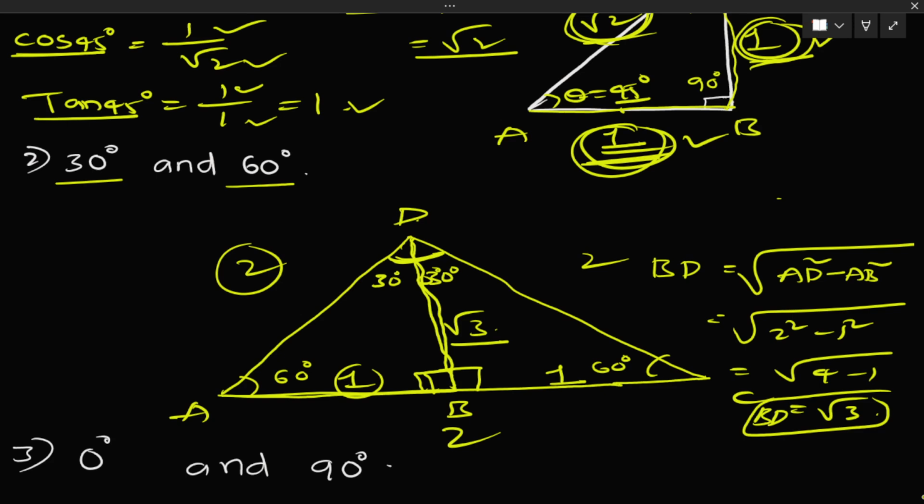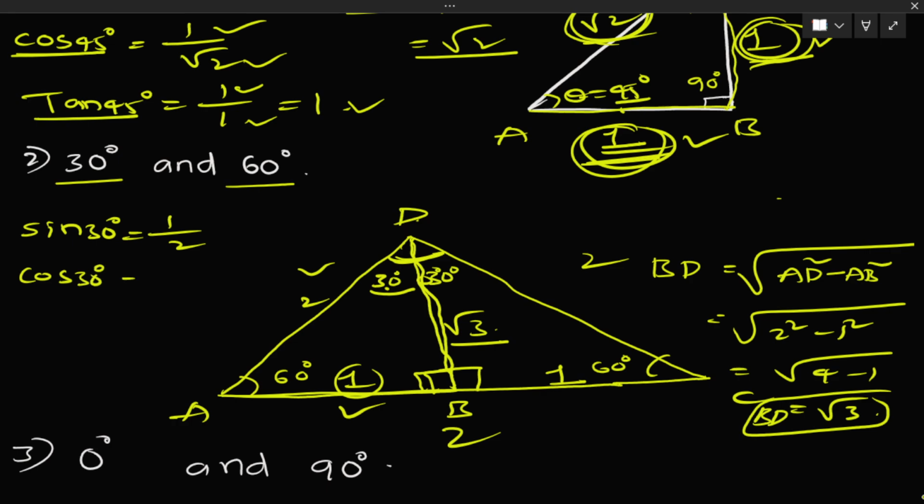Firstly I will consider 30 degrees. Firstly sin 30. Sin 30 means opposite side to the hypotenuse. So sin 30 gives you 1 by 2. Cos 30. What is the value of cos 30?